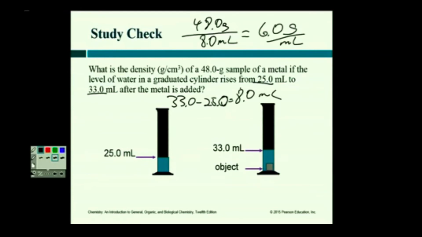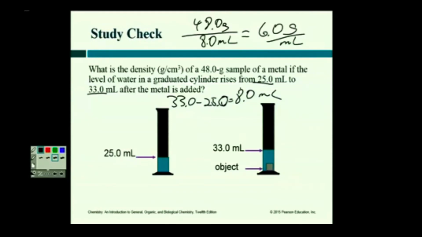You lose a sig fig when you subtract, okay? So that's why you're down to 2. I said we weren't going to mix this stuff, so I'm not going to dwell on that, okay? So 6.0 grams per milliliter. Everybody sees mass over volume, okay?